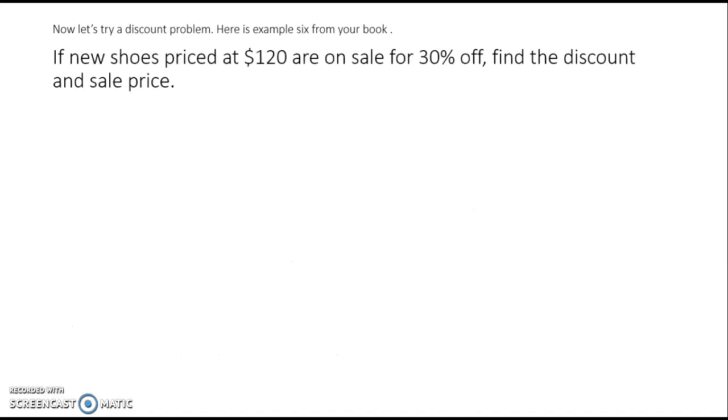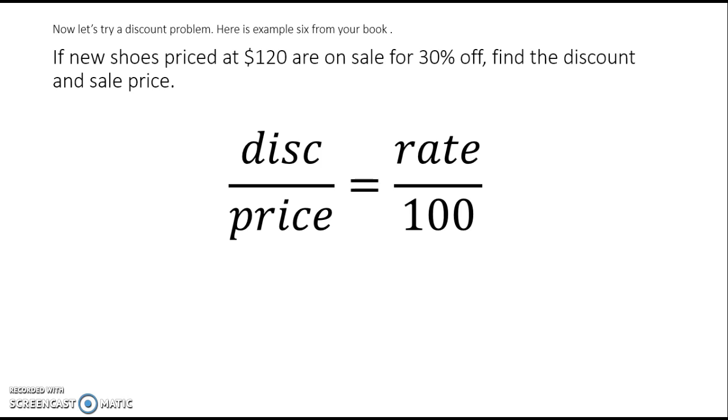Next, we're going to look at a discount problem. This is example 6 from your textbook. If new shoes are priced at $120 and are on sale for 30% off, find the discount and sale price. Again, we have a percent proportion similar to the one we used for sales tax, but in this case, the discount is a percent of the price.